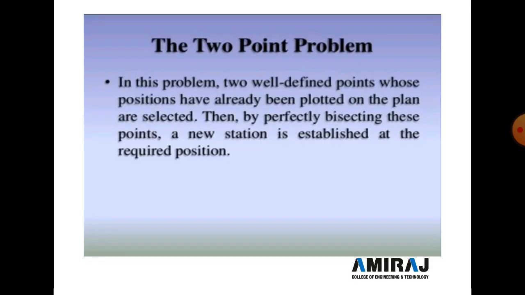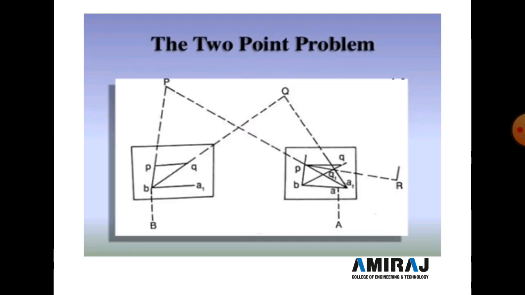Now another method is the two-point problem. We discuss this method from the figure. Here two points A and B are fixed on the ground, and the distance PQ is measured without using the measuring tape.